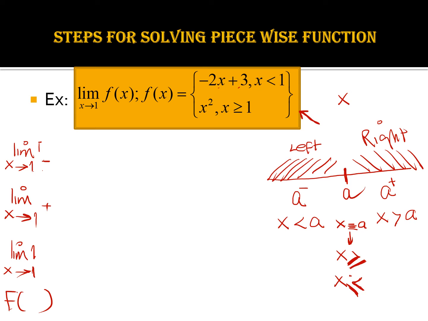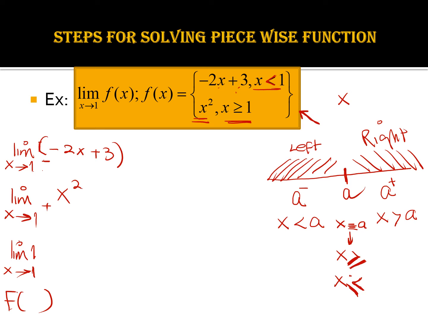So you write near the limit that equation, minus 2x plus 3. Now which equation is representing 1 from the right hand side? It means x is greater than 1. Here that is your x squared. So write down x squared near the limit.